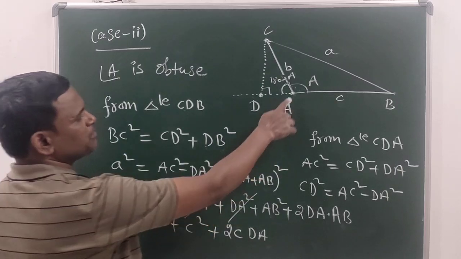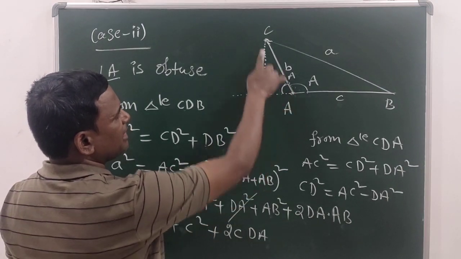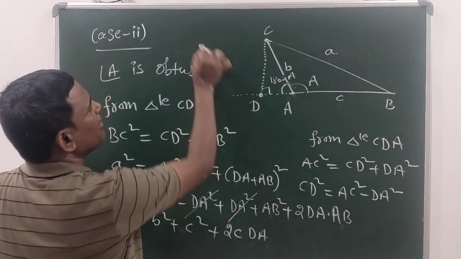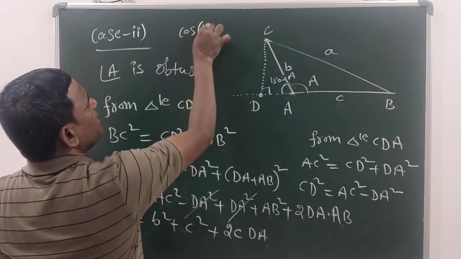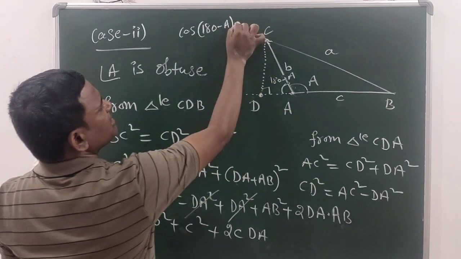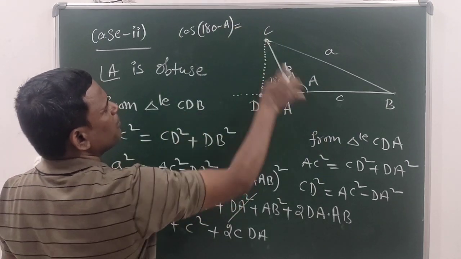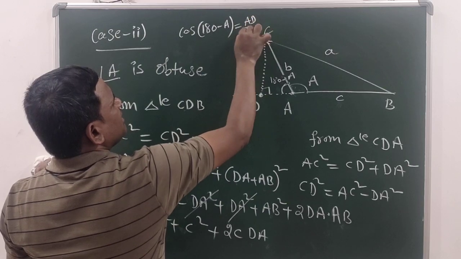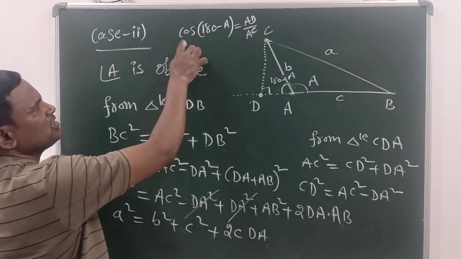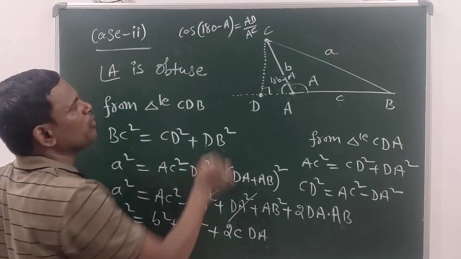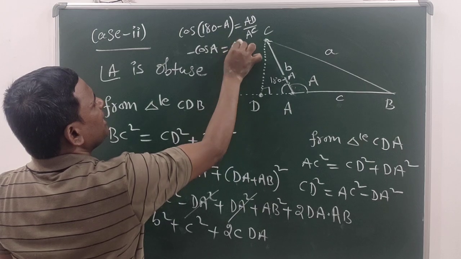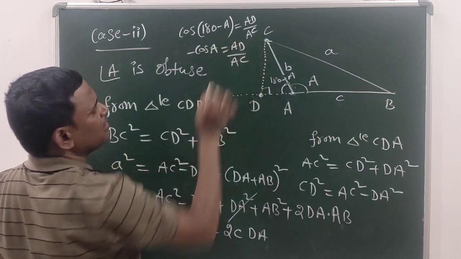Okay. Now with respect to this 180 minus A, in this right angle triangle ADC, define cos(180 minus A). Cos(180 minus A) is equal to adjacent by hypotenuse. Adjacent is AD, hypotenuse is AC. Now cos(180 minus A) is equal to minus cos A, which is equal to AD by AC.